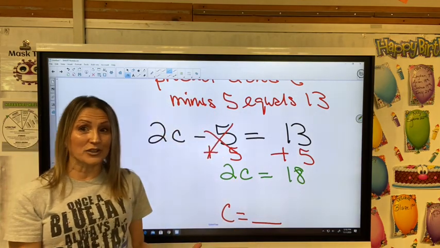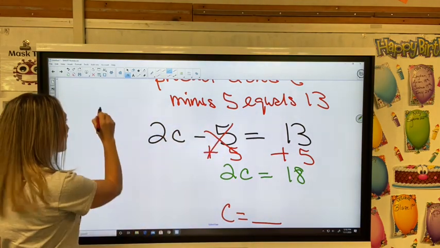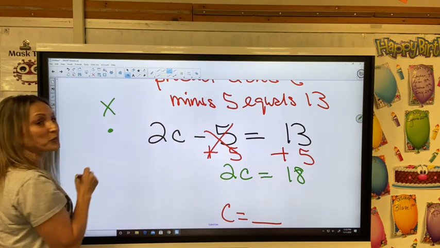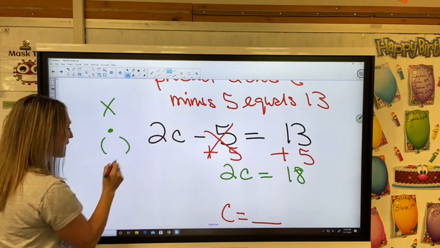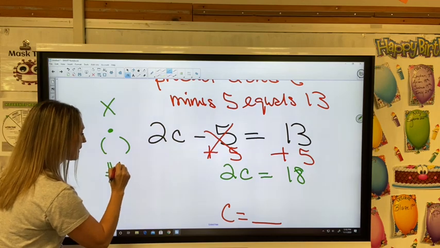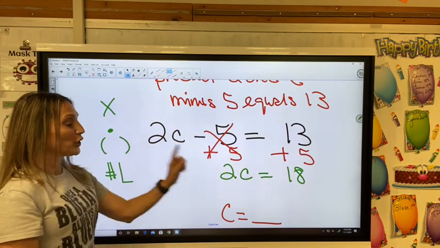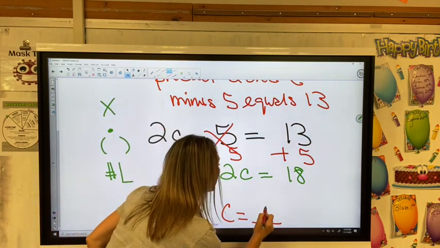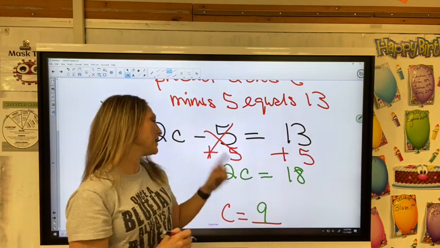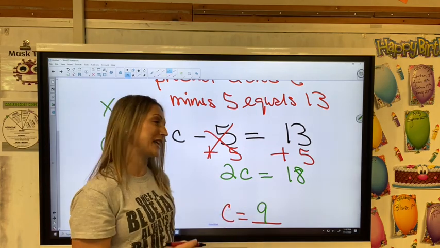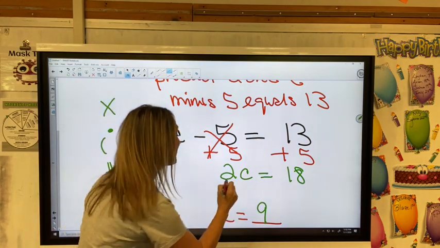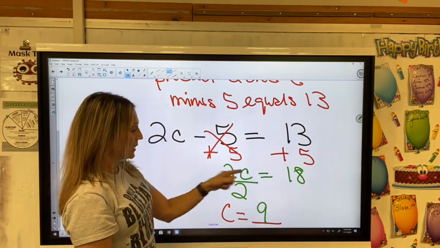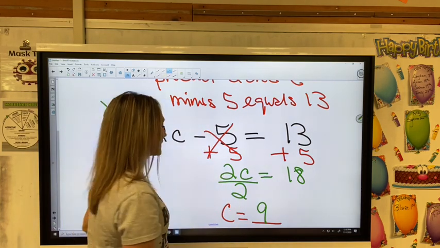And now, sixth graders, since you know that we are no longer using the X for the multiplication sign, instead we're using a dot, parentheses, or a number by a letter, you probably are already telling me in your head as you're watching this, the answer is 9, because you know 2 times 9 equals 18. But if we cannot solve that, we then want to get rid of the 2, because we're really trying to figure out what the C is.